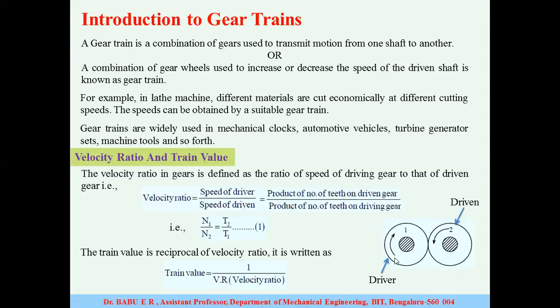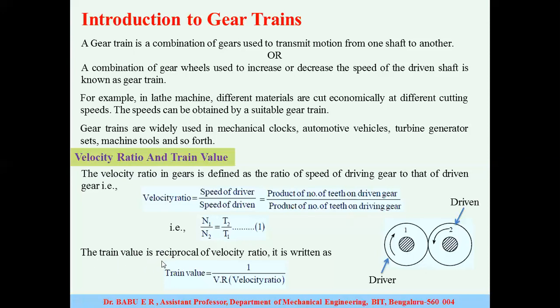The speed of the driver is N1, the speed of the driven member is N2. So velocity ratio is N1 by N2, which equals the number of teeth on the driven gear divided by the number of teeth on the driving gear, so T2 by T1.